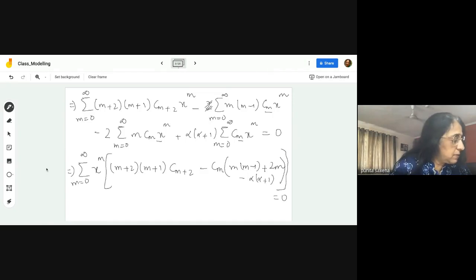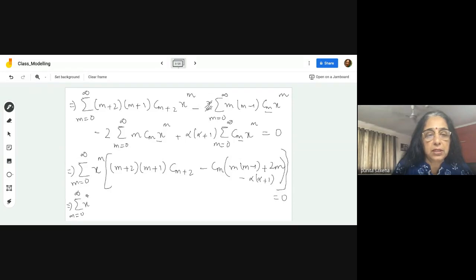कोई गलती तो नहीं है? Sure, है ना? That means I now have summation m from 0 to infinity xm. The first term I am not changing, m plus 2, m plus 1, c m plus 2 minus cm into. Now see, I'm just expanding these terms.